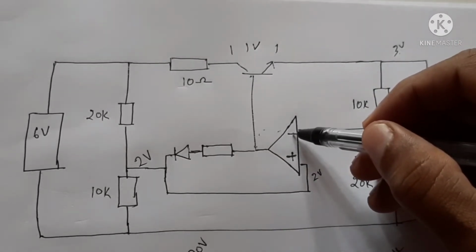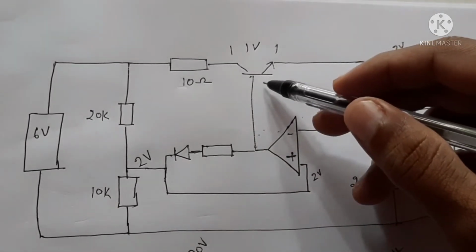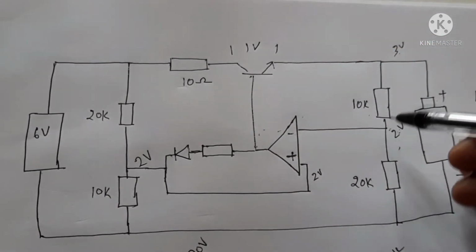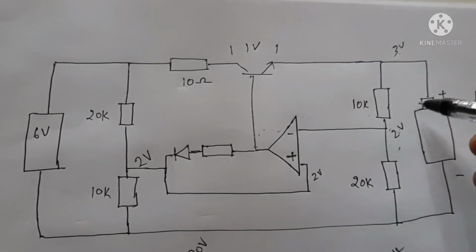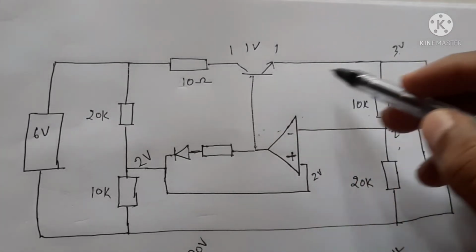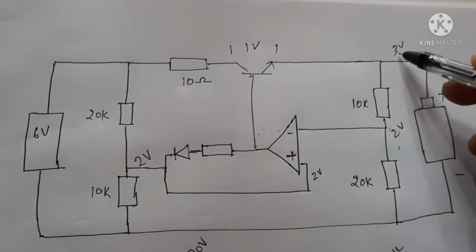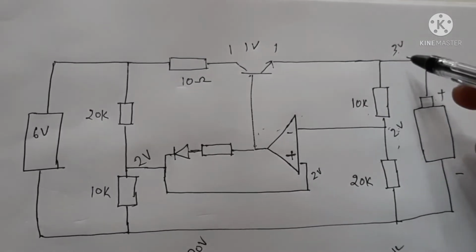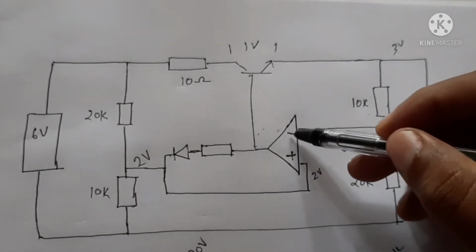Again the transistor will be turned off. Again the battery voltage falls below 3 volts, and again the transistor will be turned on. So this process will continue. The continuous on and off of the transistor will happen, and the battery voltage will be around 3 volts all the time.